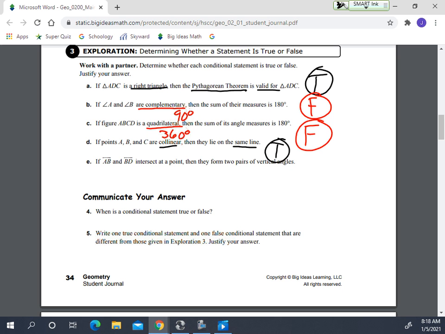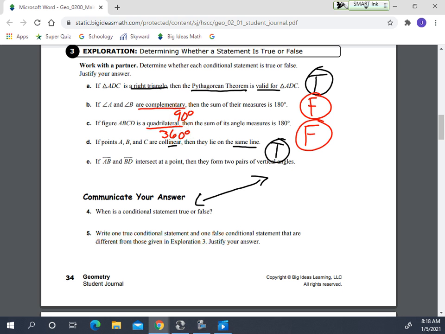If line AB and line BD intersect at a point, do they form two pairs of vertical angles? Okay, so there's A, B, and then here comes D. Oh, sorry, I drew that wrong. Restart. My bad.